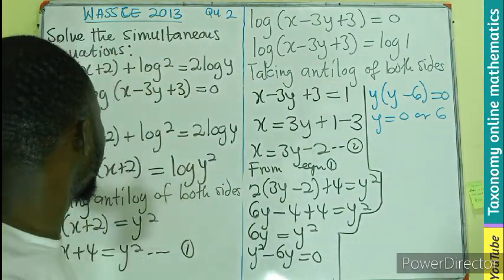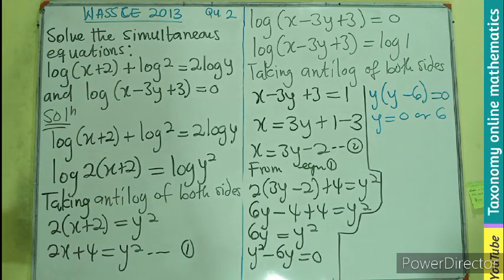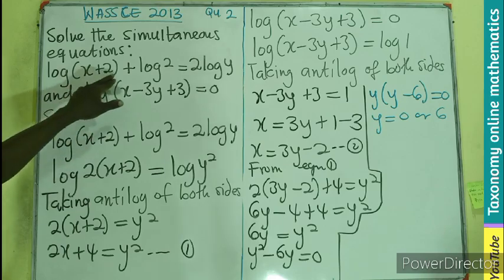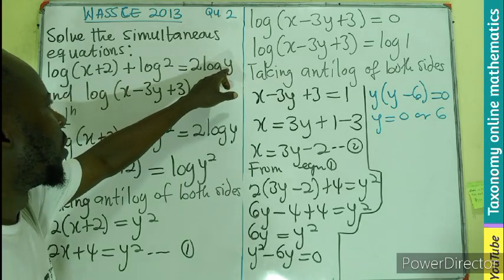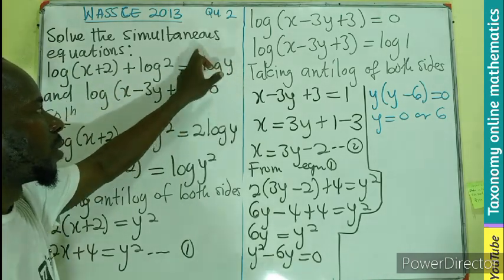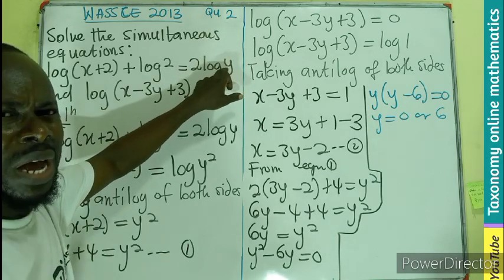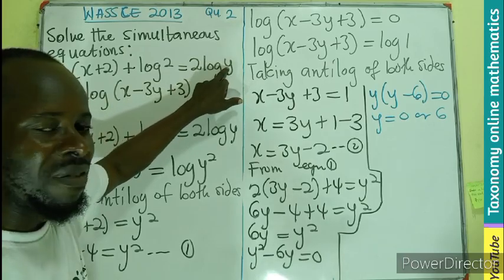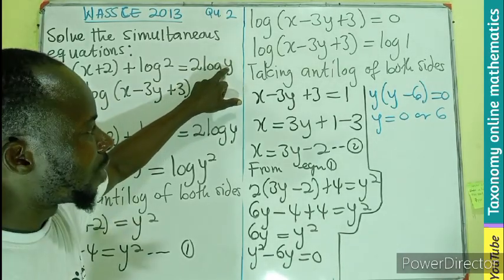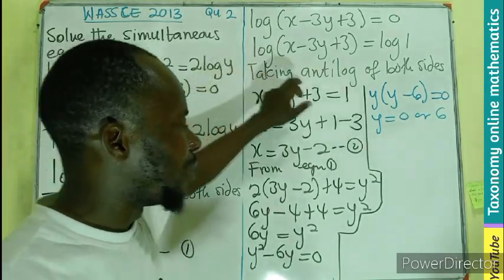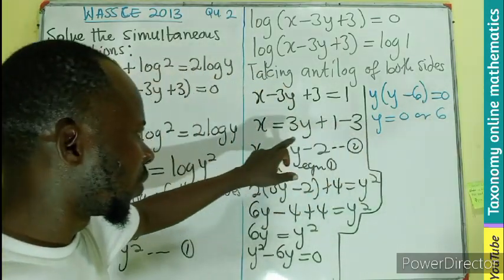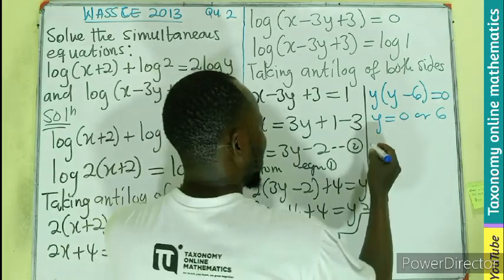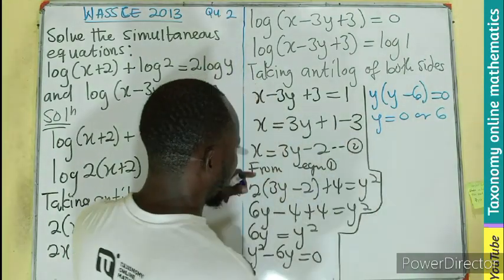So what do we do? Let's see if we have our zeros introduced. Okay, if y is 0 here, so this is going to be log of 0. Do we have log 0? Since log 0 will give us infinity, a very large number, we ignore the 0 and pick the 6. So 6 is for y, then our x, from which equation?